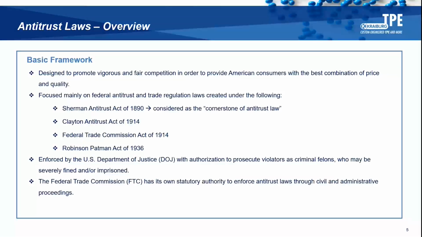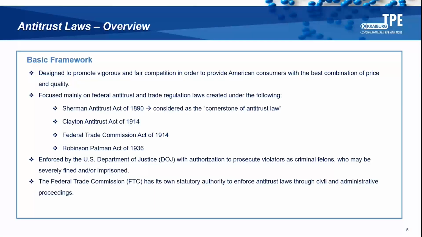So obviously this goes back over 150 years and is really considered to be the cornerstone of antitrust law. Subsequent acts enacted around antitrust: the Clayton Act of 1914, the Federal Trade Commission Act of 1914, and the Robinson-Patman Act of 1936. So those would be the four primary federal laws that we refer to as we go through this training.